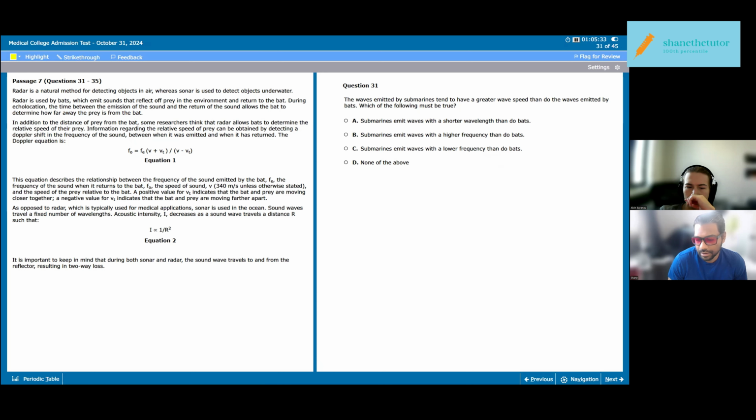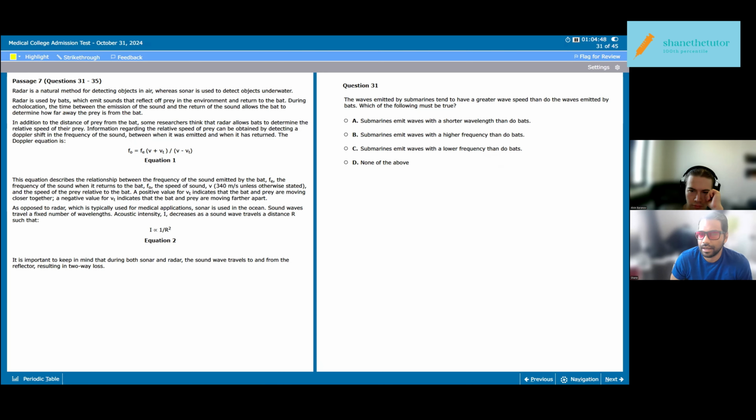Any equation or anything like that for you to think about? Well, the Doppler one relates frequency to speed, when it's trying to bounce the sound or whatever wave off of a moving thing. But they're really just saying here that when a submarine does it, it's traveling at a faster speed than when a bat does it.